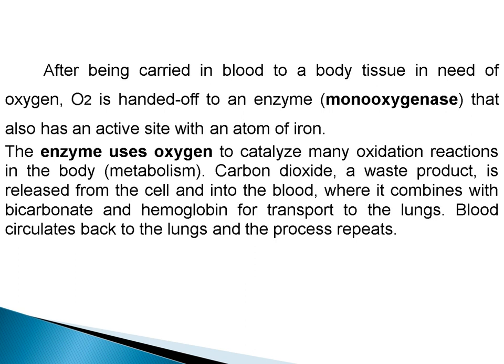Carbon dioxide, a waste product, is released from the cell and into the blood, where it combines with bicarbonate and hemoglobin for transport to the lungs. Blood circulates back to the lungs and the process repeats.